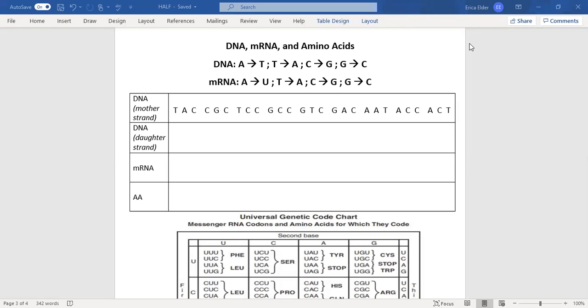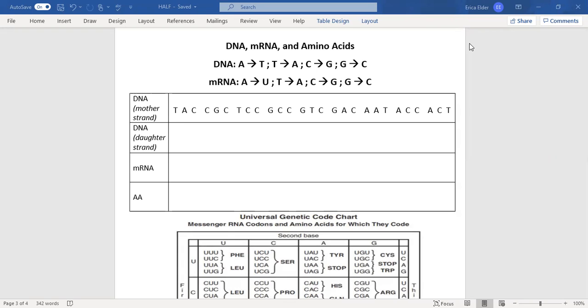As you see here, we have a DNA, or what we would call a mother strand. It is also going to be replicated, or a copy made, in producing a daughter strand. That daughter strand is then going to be transcribed, or go through transcription, to become a messenger RNA strand that will then code for our amino acids.